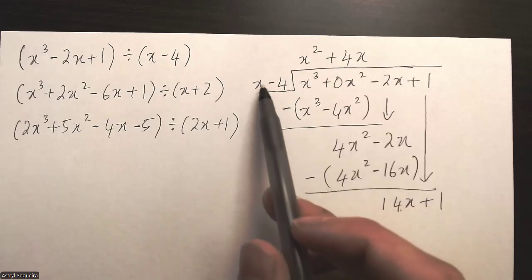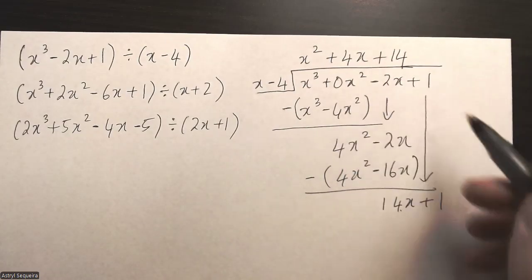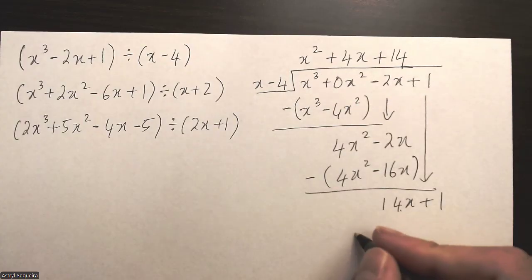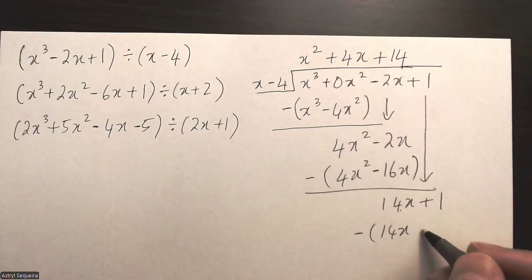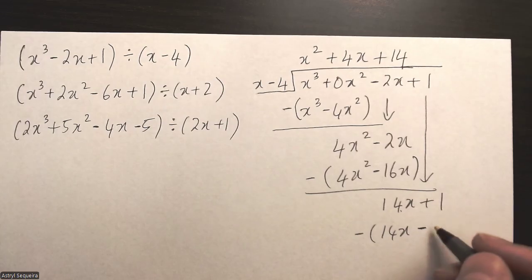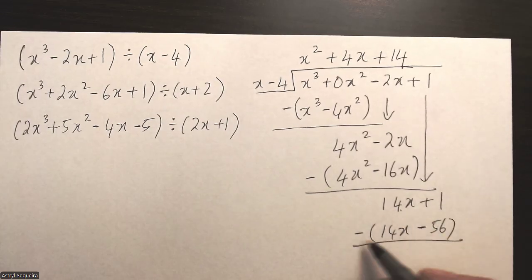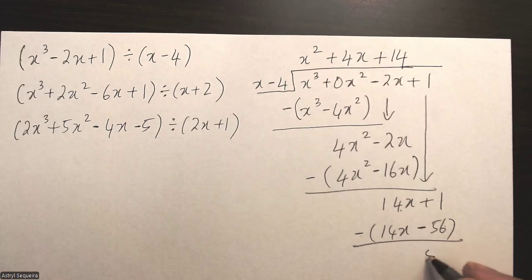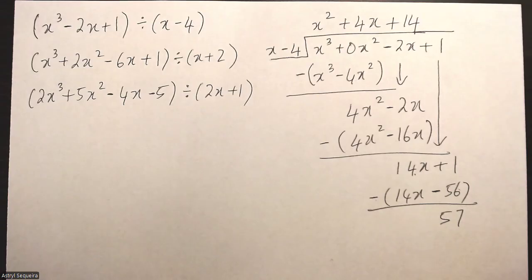So 14x divided by x, that's just 14. 14 times x, 14x, 14 times negative 4, that is negative 56. These two will just cancel each other out. 1 plus 56 gives me a final remainder of 57.